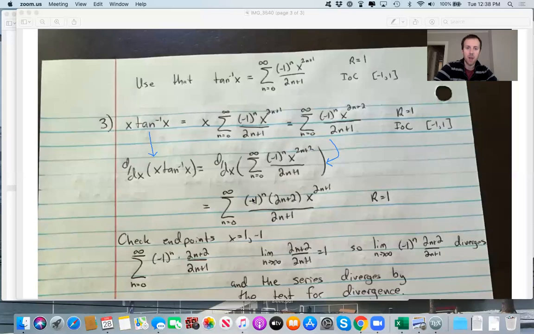So we still have the -1 to the n, and we have the 2n plus 1. What we focus on is the x term here, x to the 2n plus 2. If you apply the power rule to that, then you bring the exponent down, you decrease the exponent by 1, and that gives you the new formula for the terms of the derivative series.